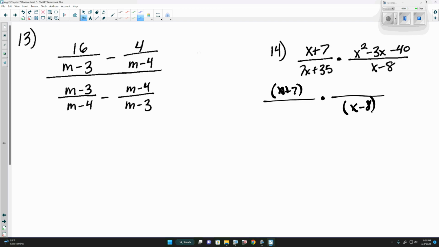And again, 7 is the greatest common factor that we can pull out. Whenever we factor, I would always look for the greatest common factor first, especially if we have two terms. Look for it first. Then we can go to our sets of parentheses. 7 times x plus 5. That is as simplified as it gets.